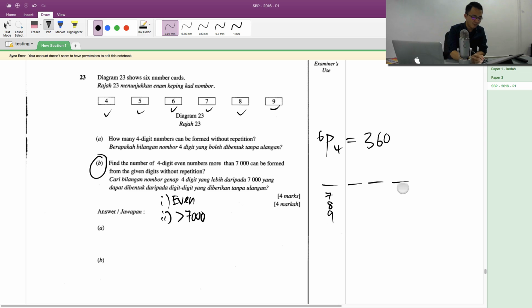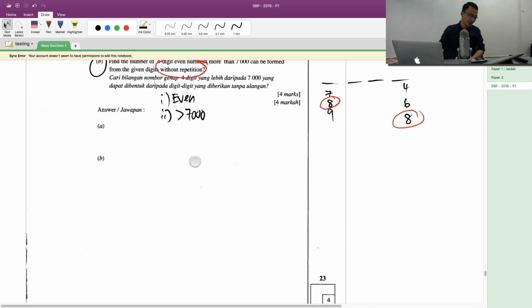To get an even number, the last digit can only be 4, 6, or 8. In this case we have some trouble because the 8 can repeat, and the question clearly says without repetition. So to avoid the repetition, I will separate into 2 different cases.